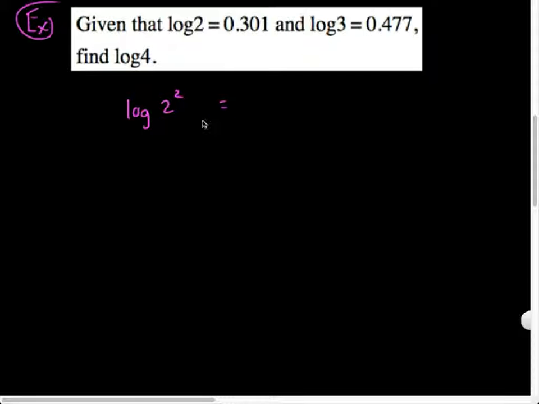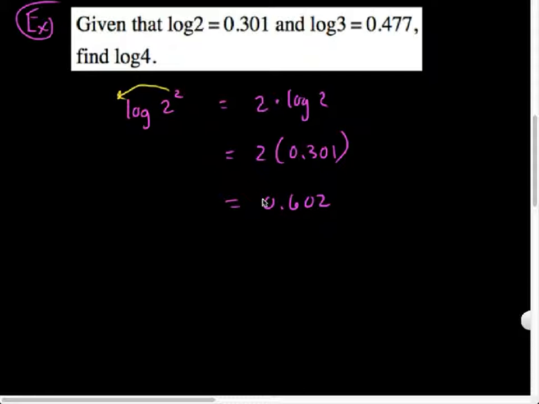And using my little exponents property of logarithms, the power property, I could move that 2 out front, so that's going to be the same as 2 times log of 2. And I know what log of 2 is. So therefore, this must just be 0.602, roughly.